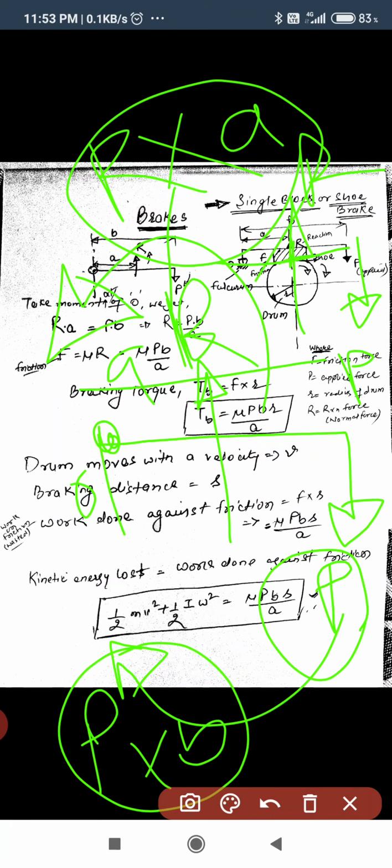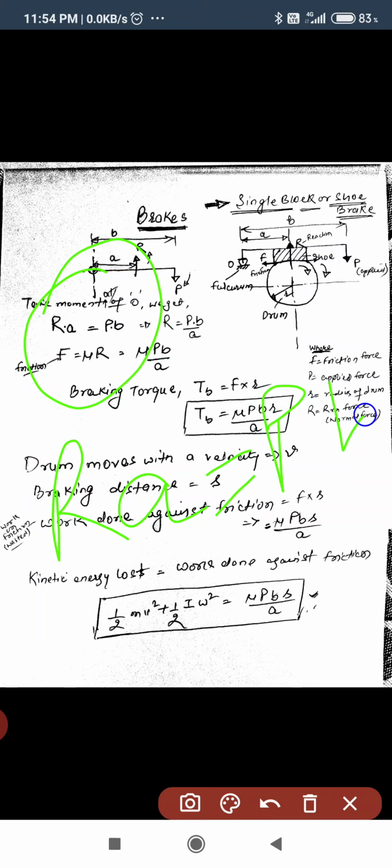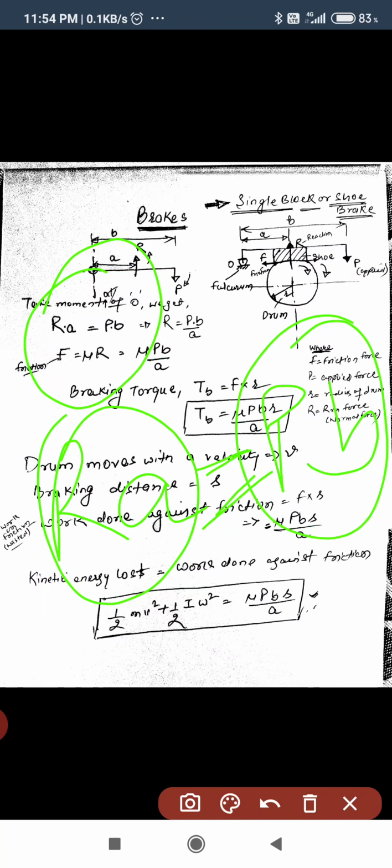O is the fulcrum, taking moments about the fulcrum, and the moment of the frictional force is 0 because its line of action passes through the same point. So what we get here is R into A is equal to P into B, because this force is clockwise and this is anti-clockwise, so they are equal in value.